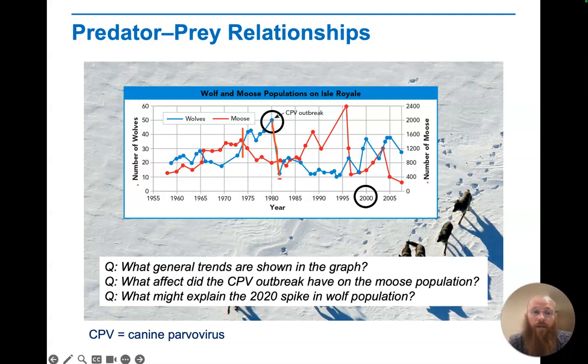And so moose are able to survive and reproduce more effectively. And we see a corresponding sharp increase in the moose population from around 1983 all the way till 1996. Okay, so a sharp decrease in wolf population led to a sharp increase in moose population. So the canine parvovirus actually ended up helping the moose population in the years to come.